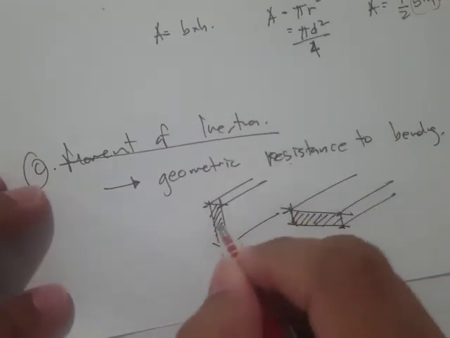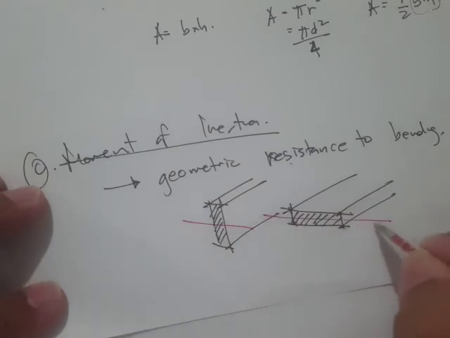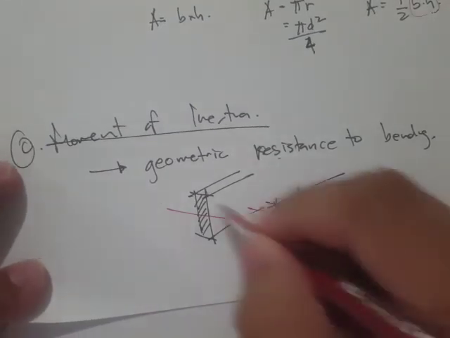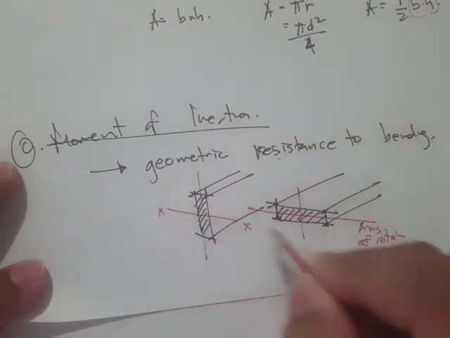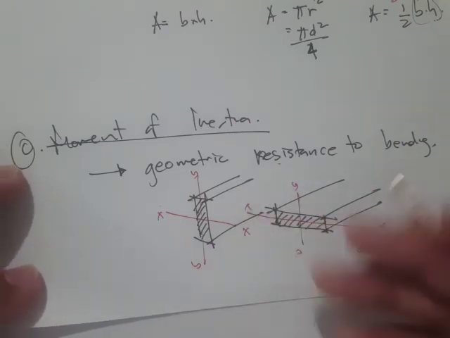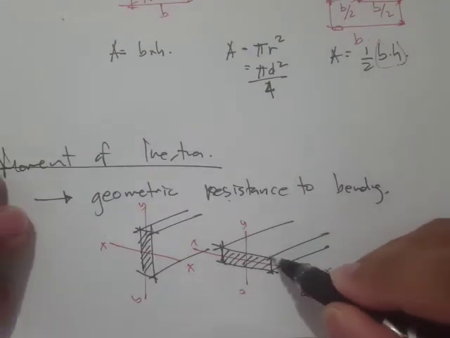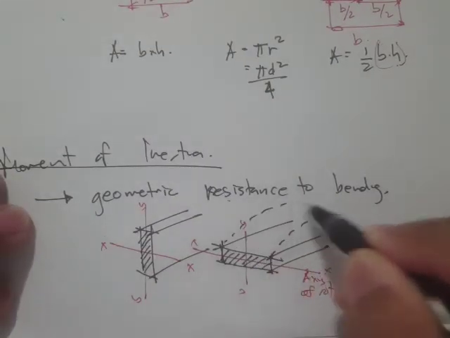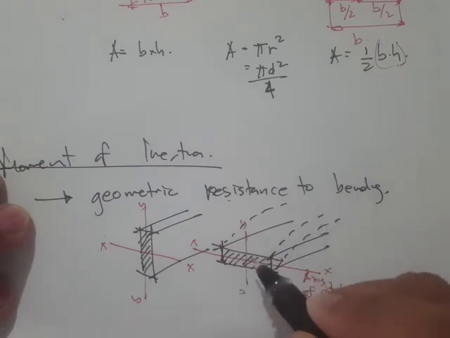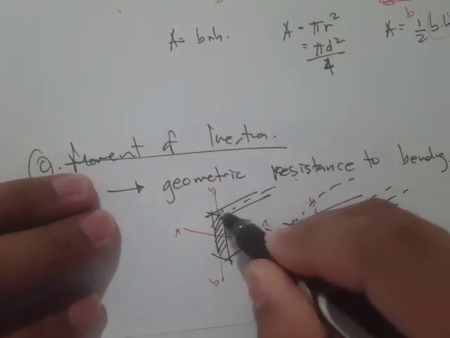Now we'll try to rotate this one to bend. This will be our axis of rotation. Let's say we write XX, and this one is YY. If we rotate this along the X direction, you would notice that it is much easier to bend this position than this one, right?